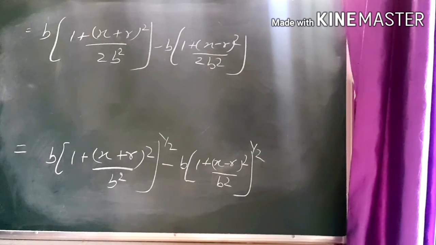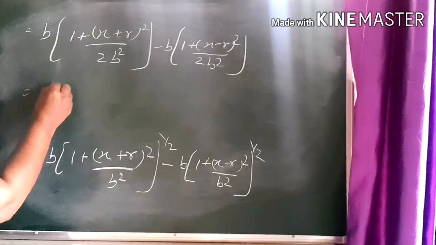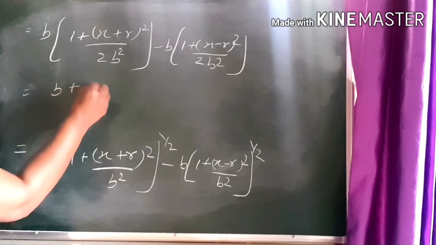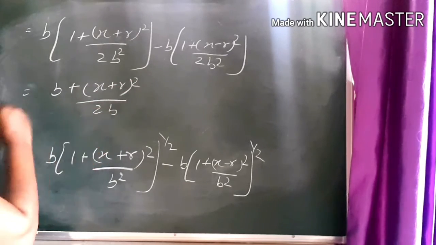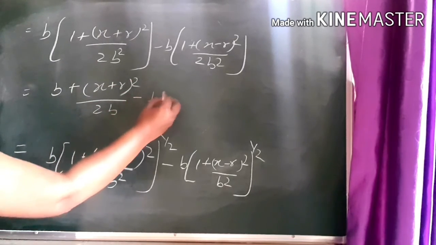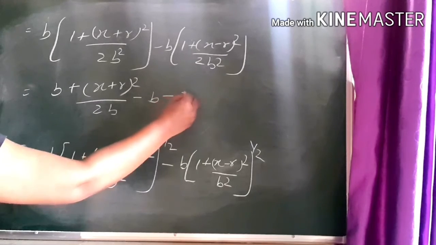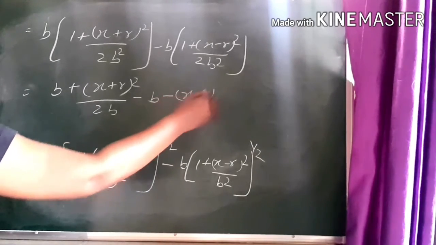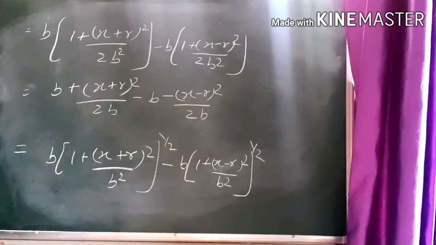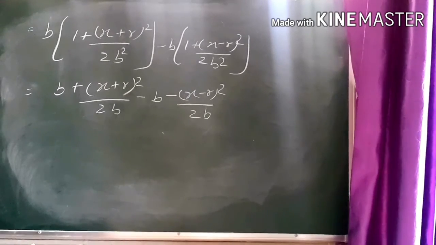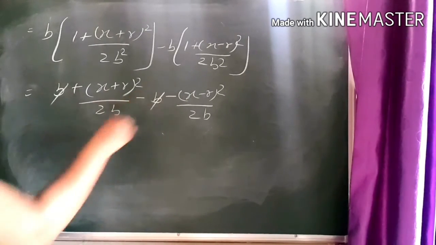Now by multiplying the b inside the bracket, we have b plus (x plus r) square by 2b minus b minus (x minus r) square by 2b. b will cancel out.